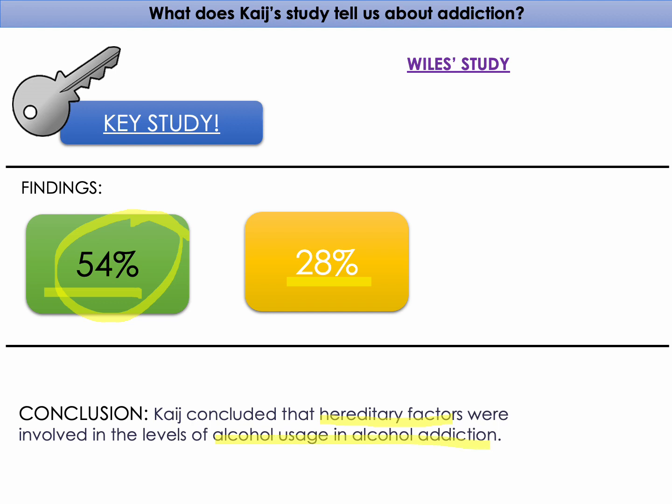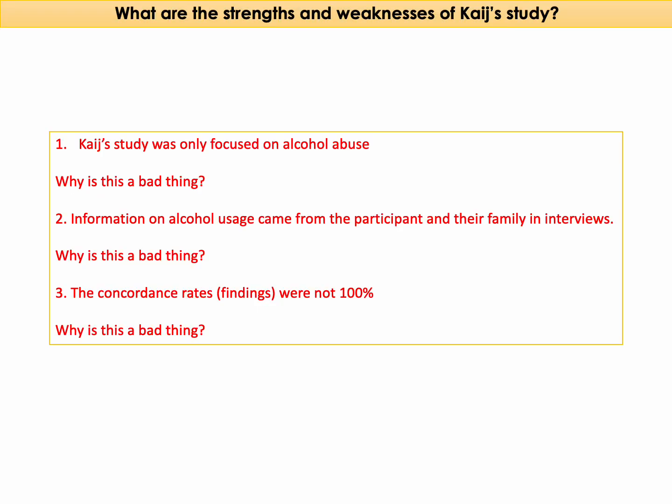Because with the more DNA they share, the more common it was for both twins to have alcohol addiction, compared to when they share less of their DNA, 50% of their DNA, the less common it was for them to both be alcoholics. So moving on now to evaluate the Kaij study.